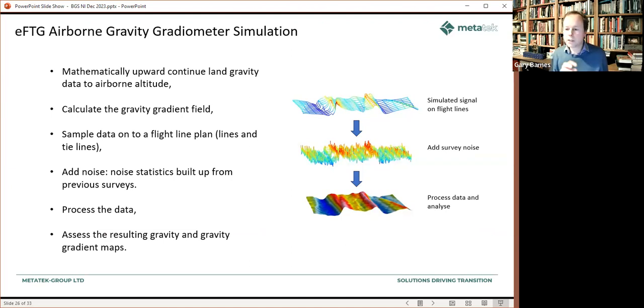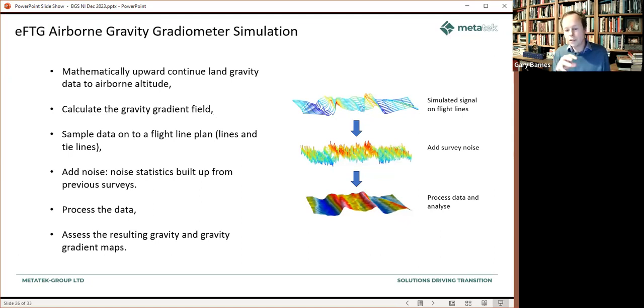So the first thing to do is take that land data and apply a transformation that we call upward continuation, which raises the elevation of the data to what it would look like at airborne altitudes. Once we've got that data at airborne altitudes, we can then calculate again mathematically the gravity gradient field.